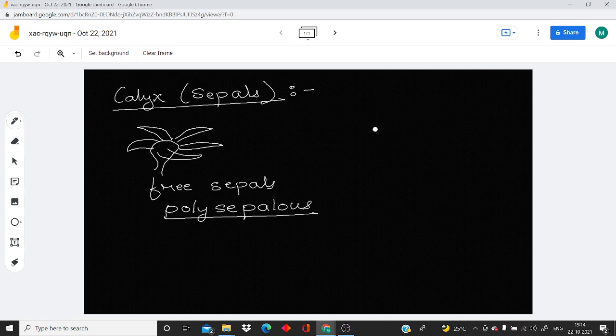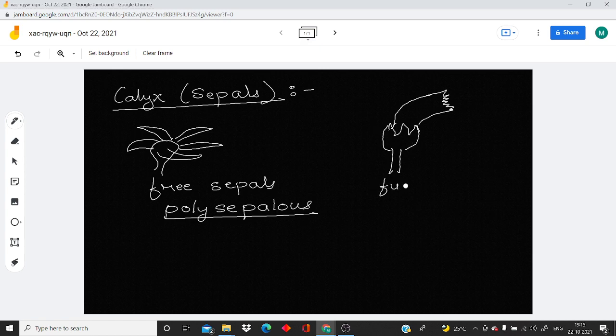And then in some plants we will see that the sepals are fused. Suppose this is the thalamus and the sepals are all fused like this. We get to see some flowers like this, some tuberose and some flowers, in which only the upper part of the sepals, from the margin, looks separate, but from below all are fused.